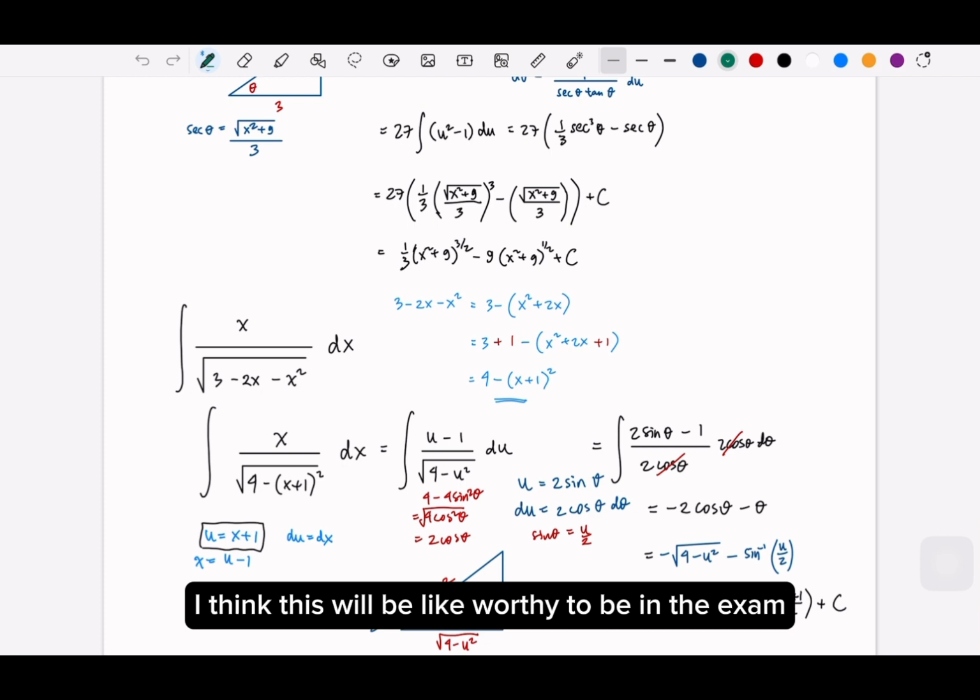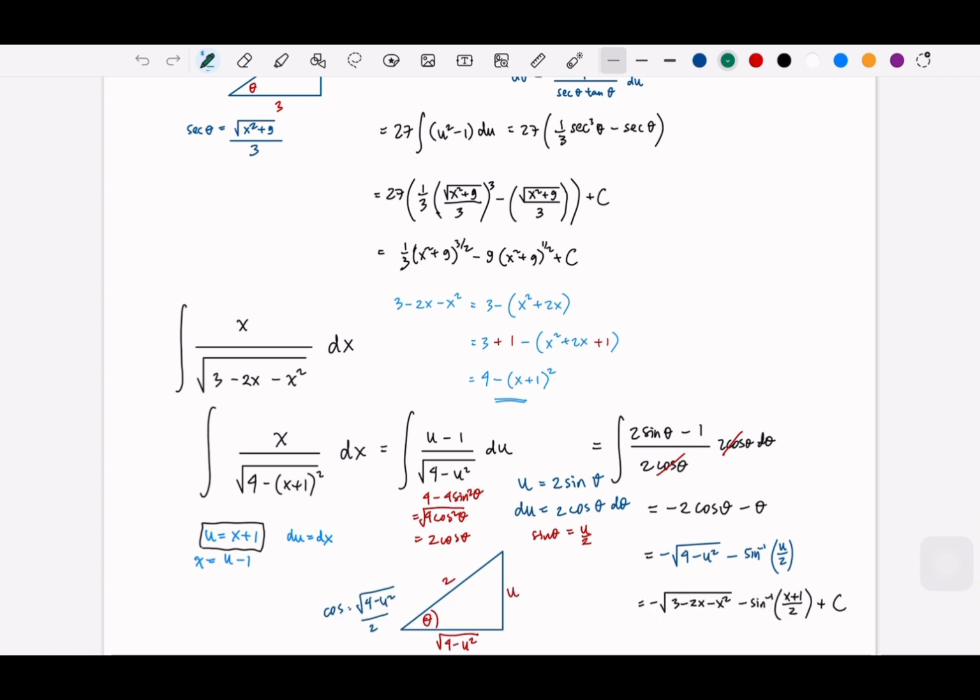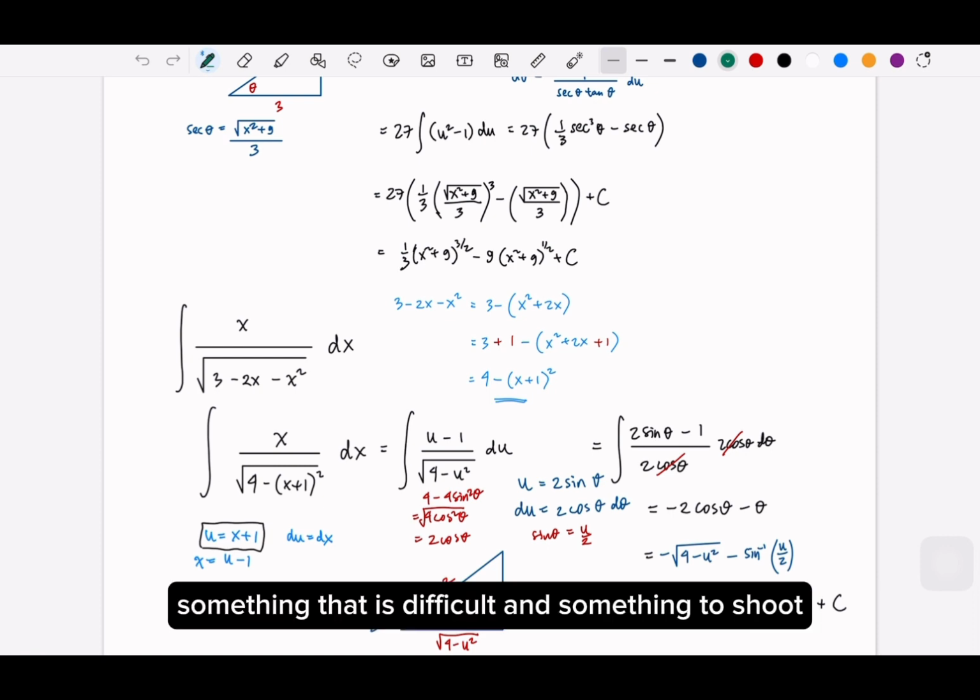I think this will be worthy of being in the exam. Of course, in the exam, I will make it balanced: something that is difficult and something that is expected to be done.